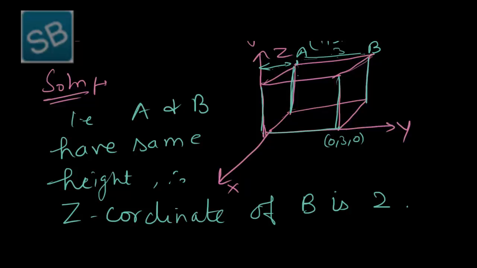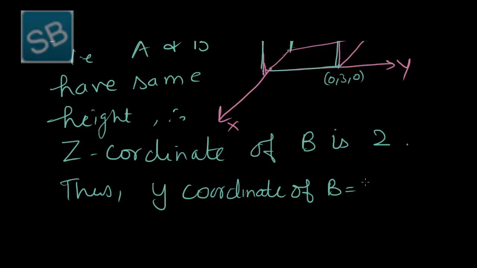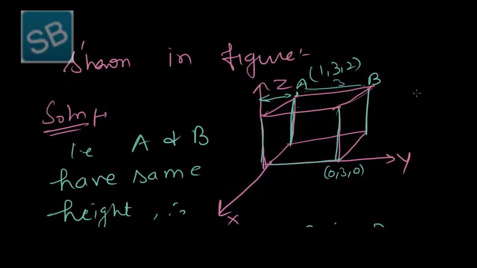So the total will be the y coordinate of A plus this distance, that is 3. We have to measure the total distance from this to this part, which contains these distances.